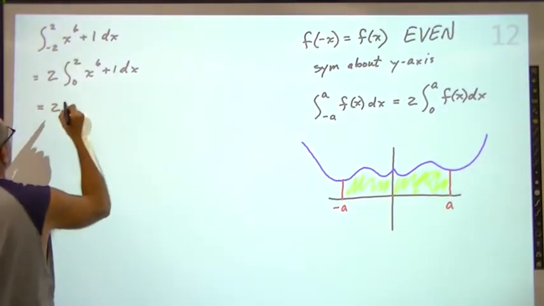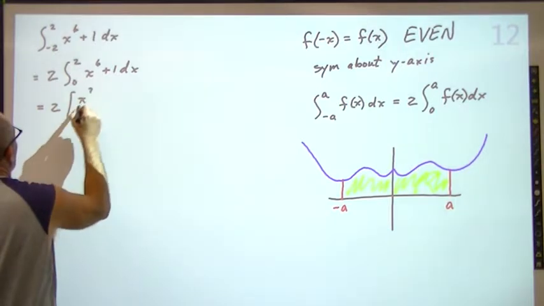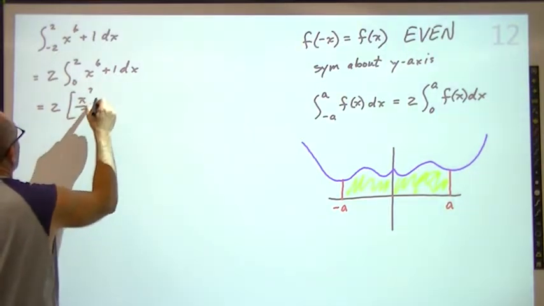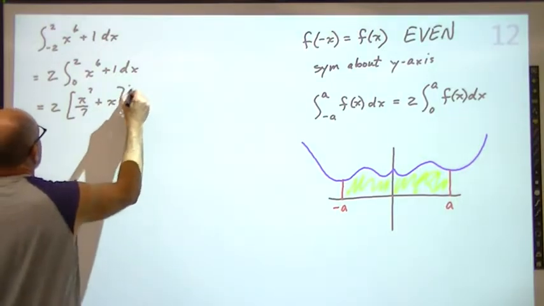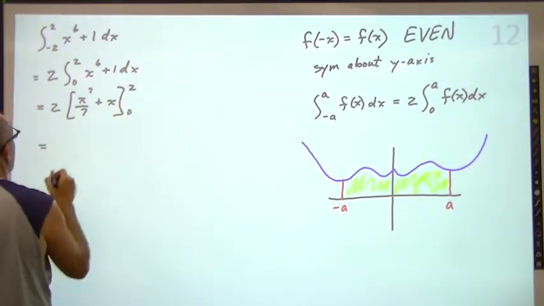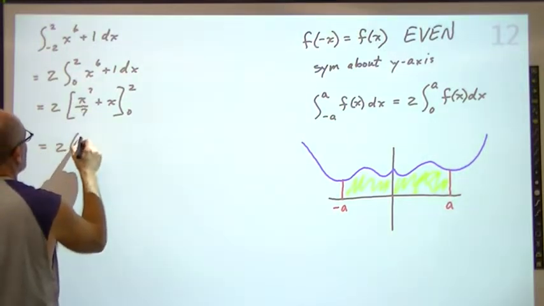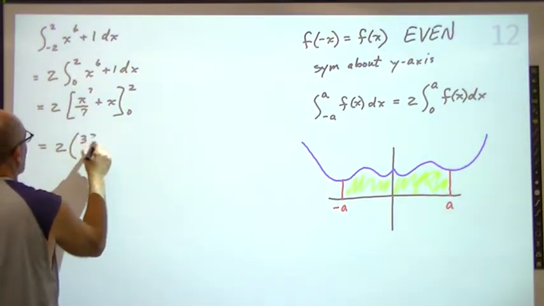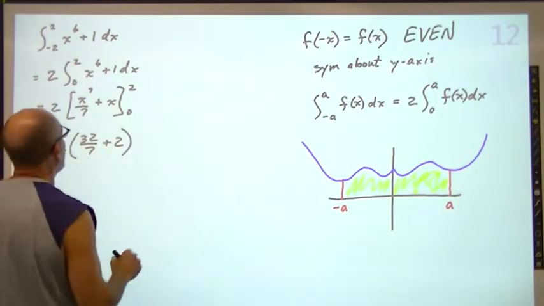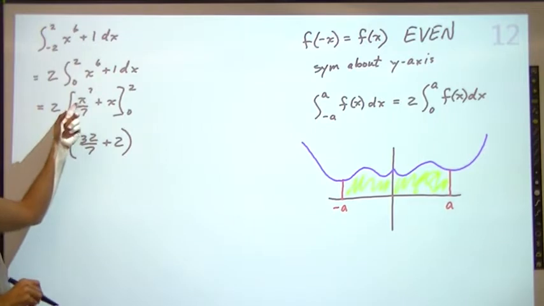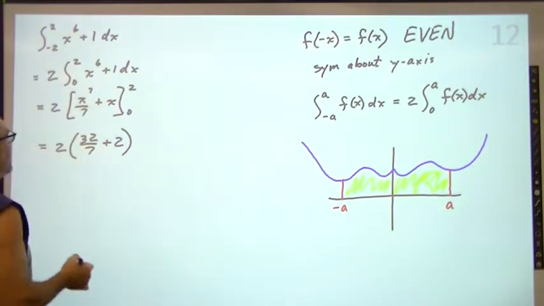which equals 2 times, now let's do this integration, so that would be x to the 7th over 7 plus x from 0 to 2. Now this becomes 2 times 2 to the 7th, which is 32, plus 2. Now I don't have to go minus putting in negatives in here because I would just end up doubling this anyway.